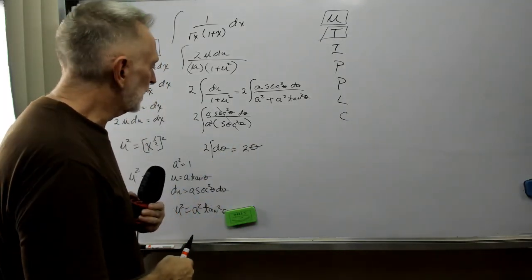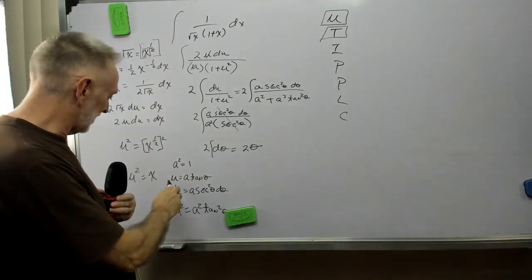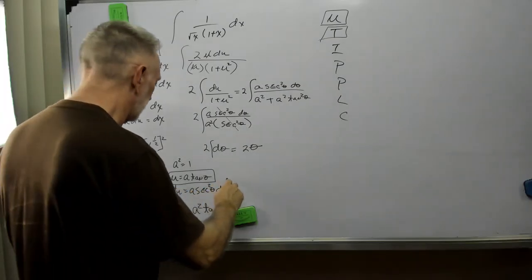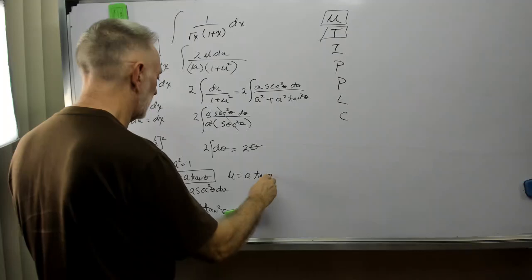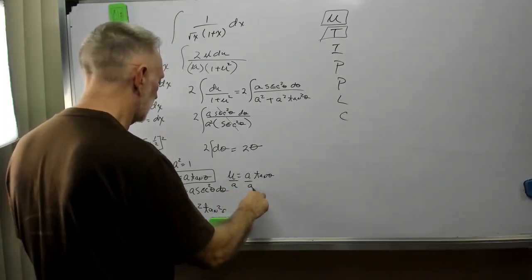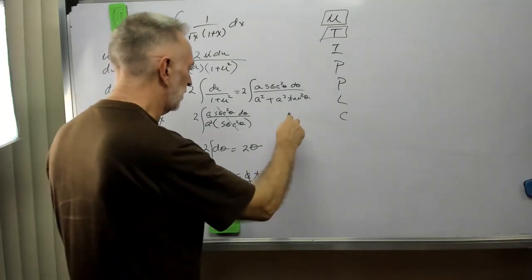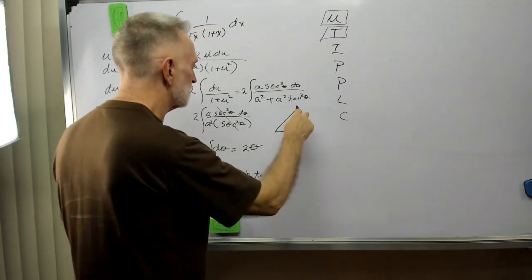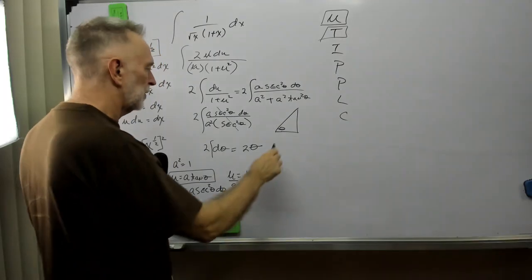Now you may be thinking, what to do now? Hey, well look at this. If u equals a tangent theta, if I divide both sides by a, u over a equals tangent theta. So draw my triangle. Put theta in the corner here.